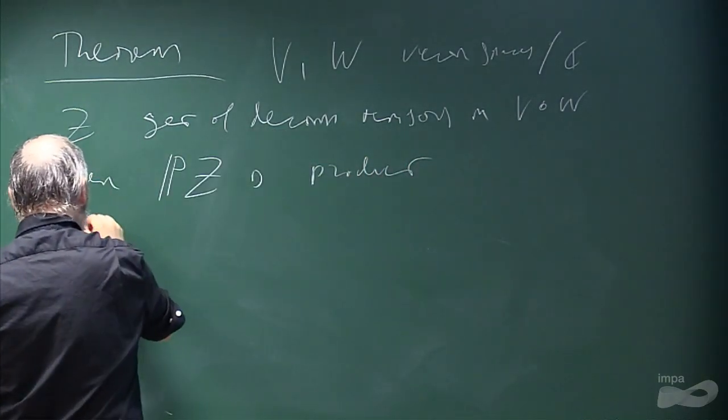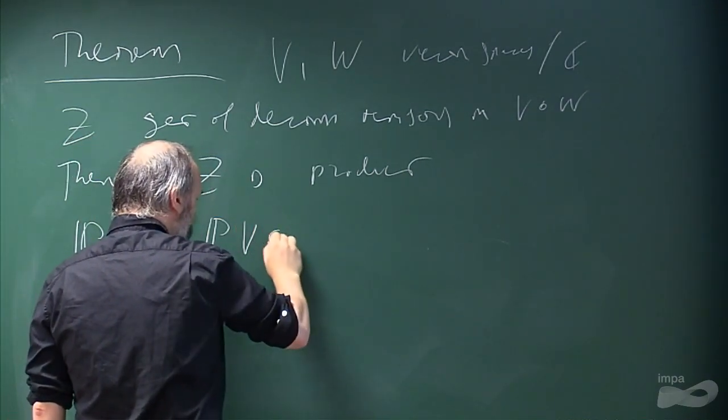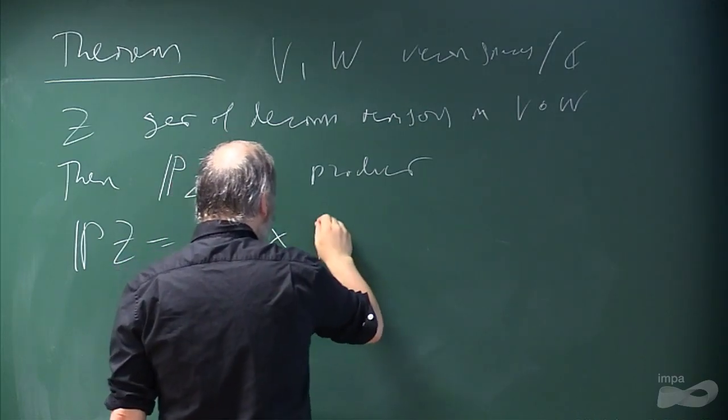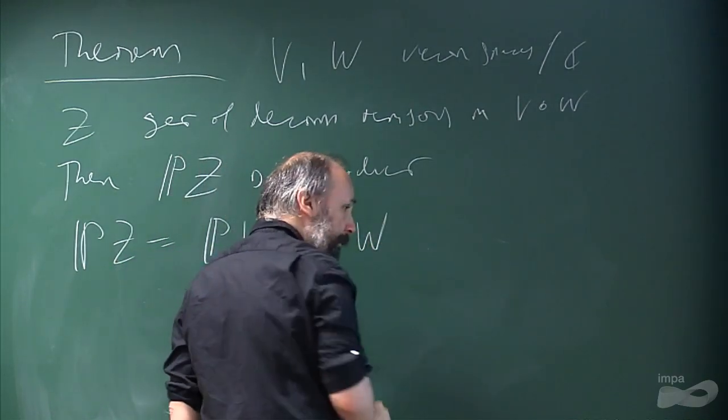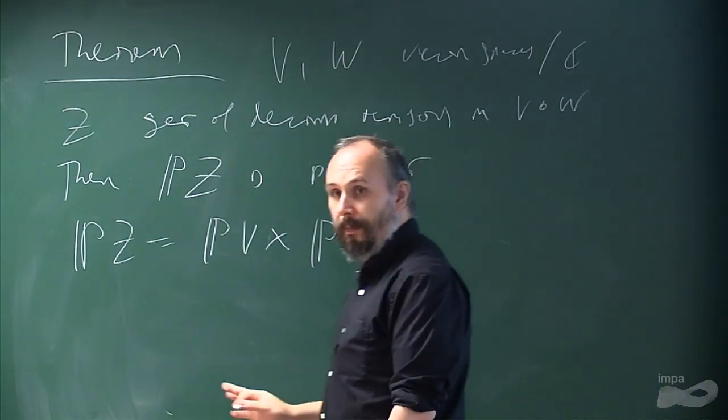So PZ is the projectivization of V times the projectivization of W. Statement clear?